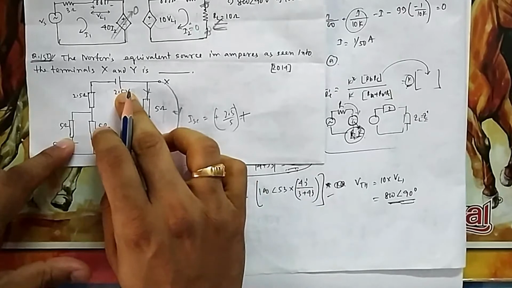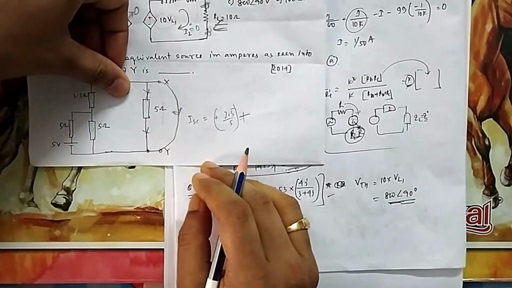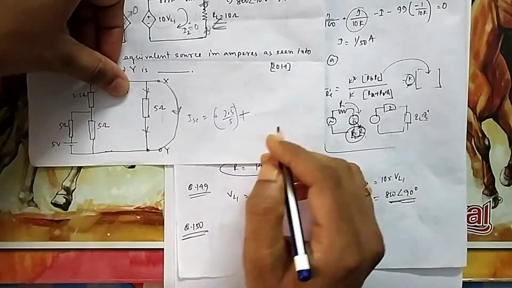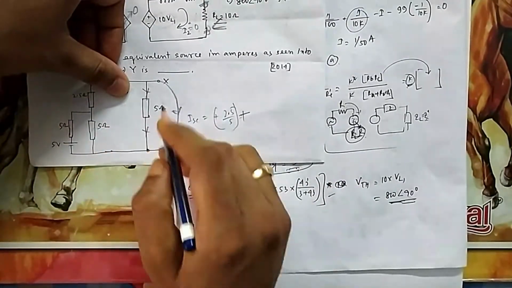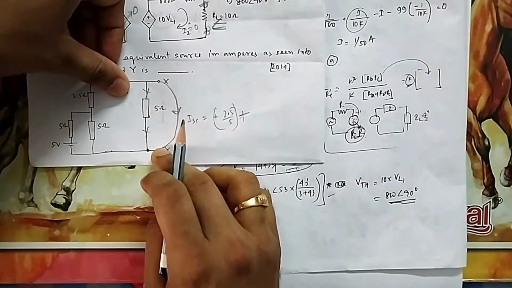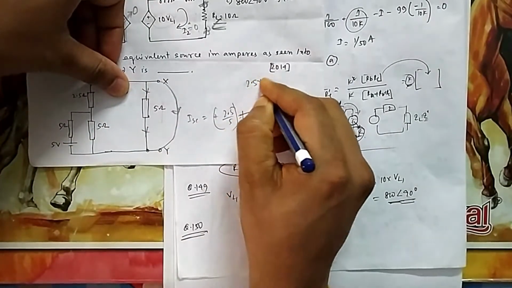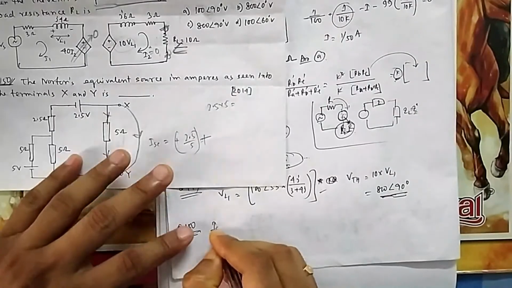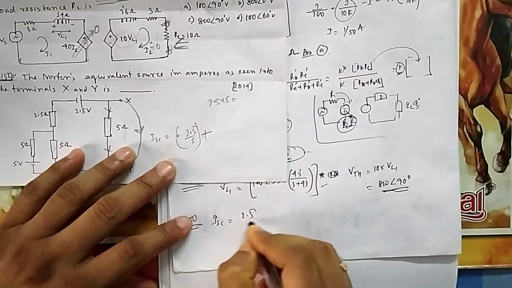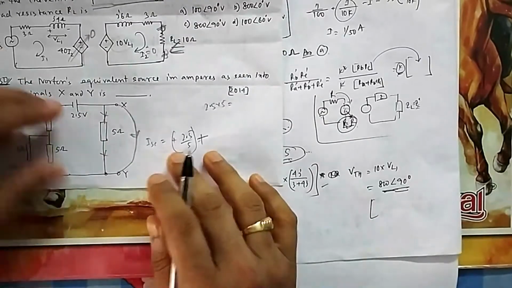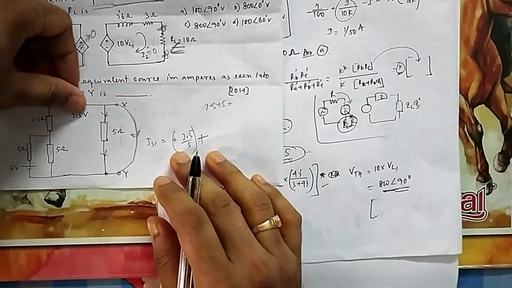Now forget about this. If I see this one, then what is the resistance it is seeing? It is not there because it is short circuit. So 2.5 is in parallel with 5. So ISC, I got 2.5 by 5 plus, then now this is gone, so this circuit is there.